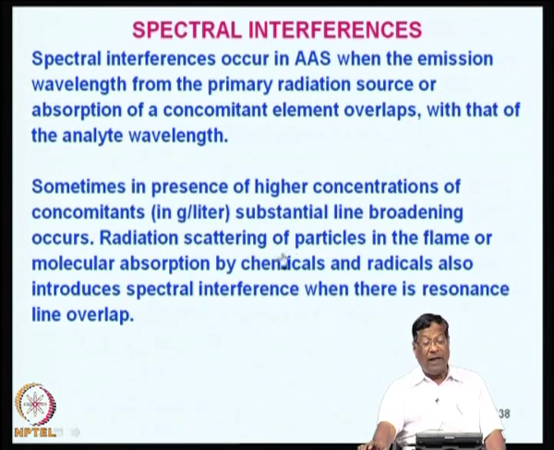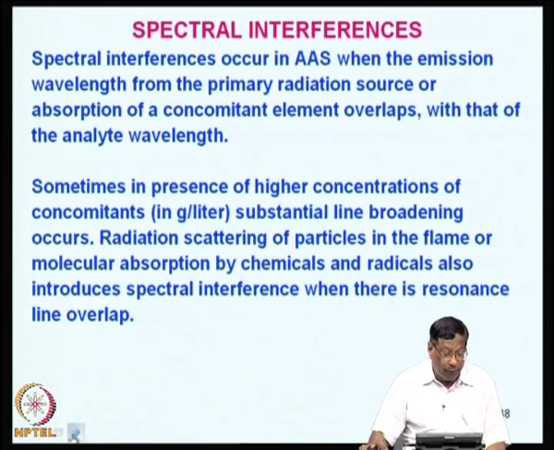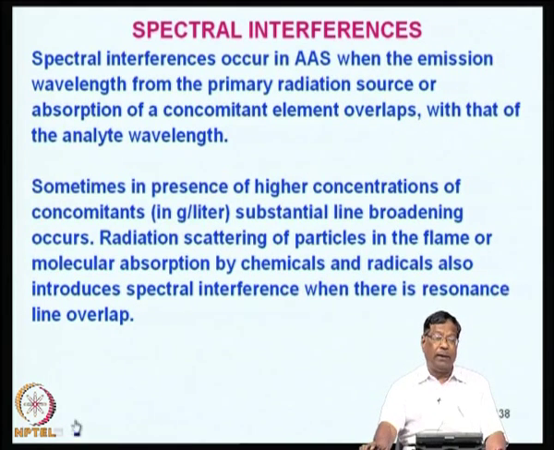Sometimes, radiation scattering by particles in the flame or molecular absorption by chemicals and radicals also introduces spectral interference when there is resonance line overlap. For example, the resonance line is very sharp, but the molecular bands are broad.